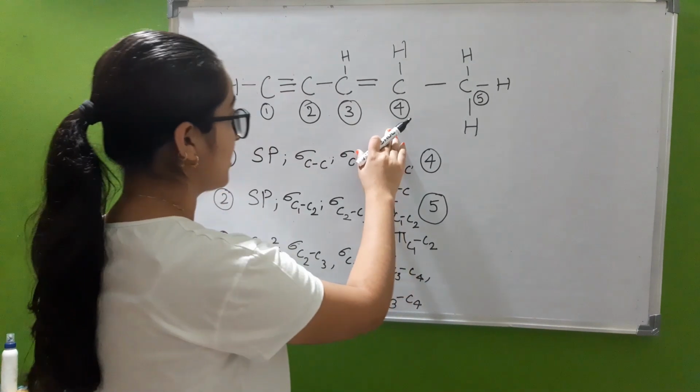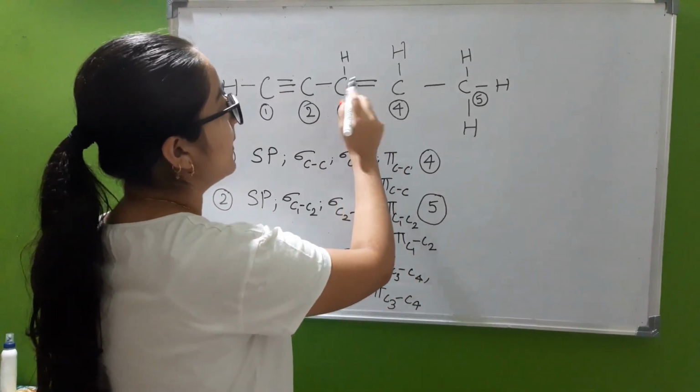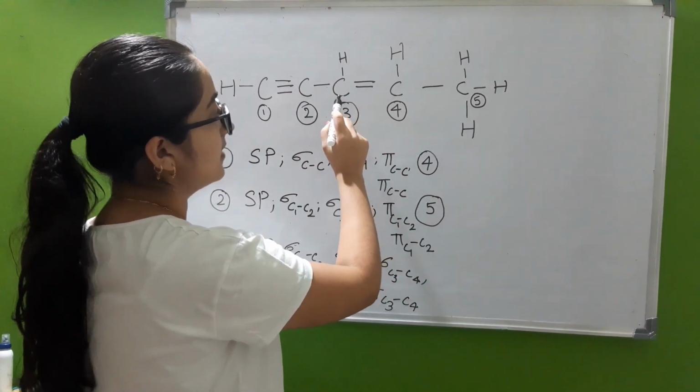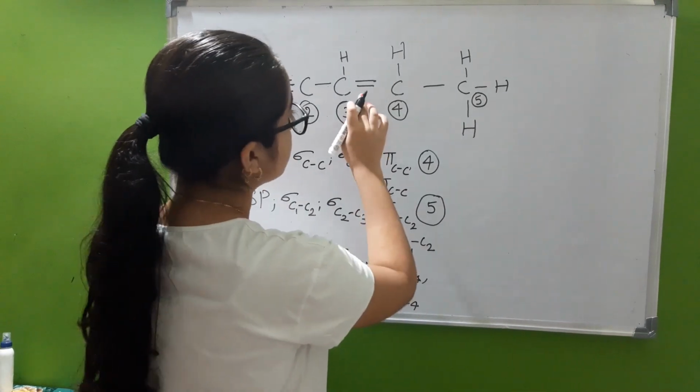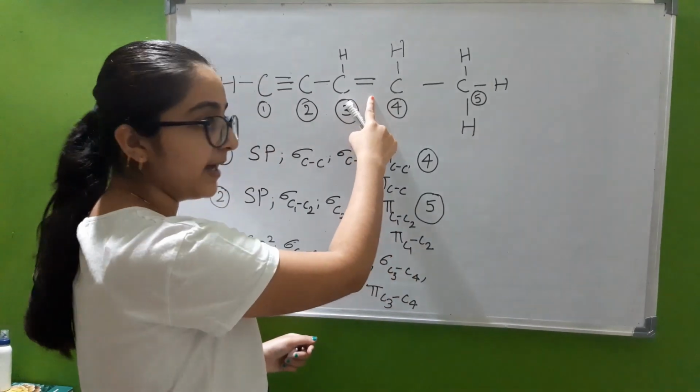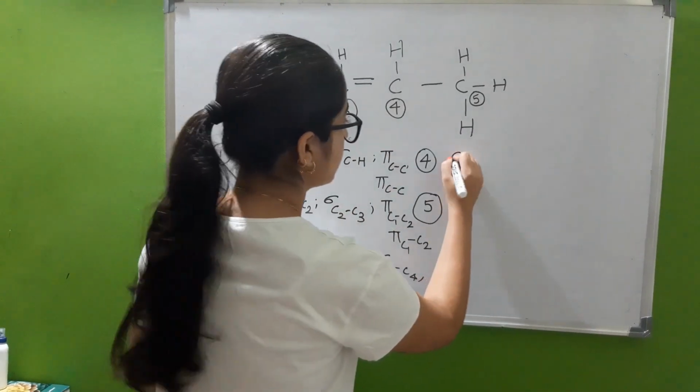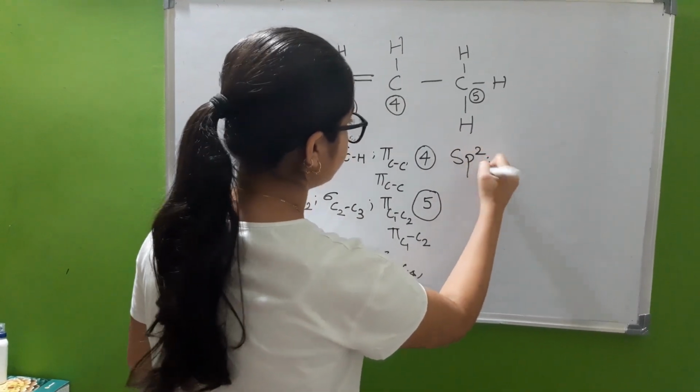Coming to the fourth carbon, it has one sigma bond formed with the third carbon and one pi bond formed with the third carbon. Hence, since there is only one pi bond here again, its hybridization is also sp2.